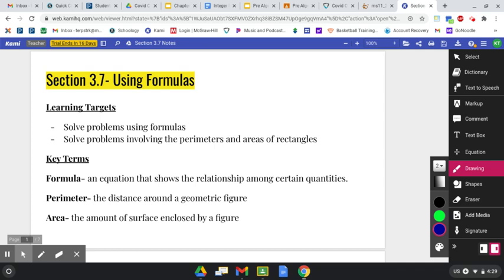All right, getting into section 3.7 today, which is using formulas. This is something that you guys have done in science class so far. If you remember back to last chapter in science, where volume was equal to length times width times height, right?